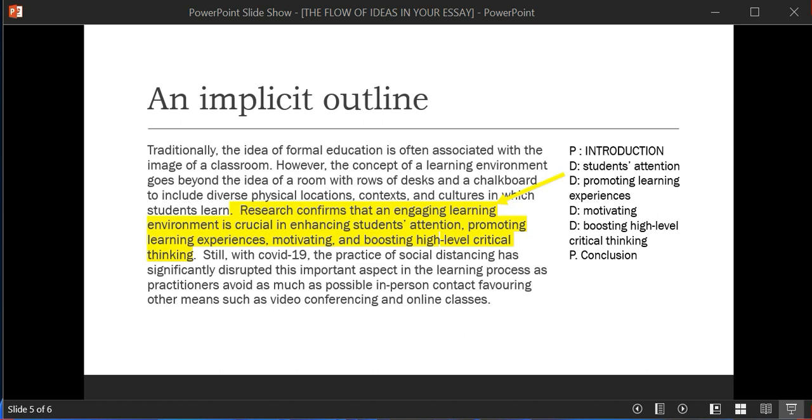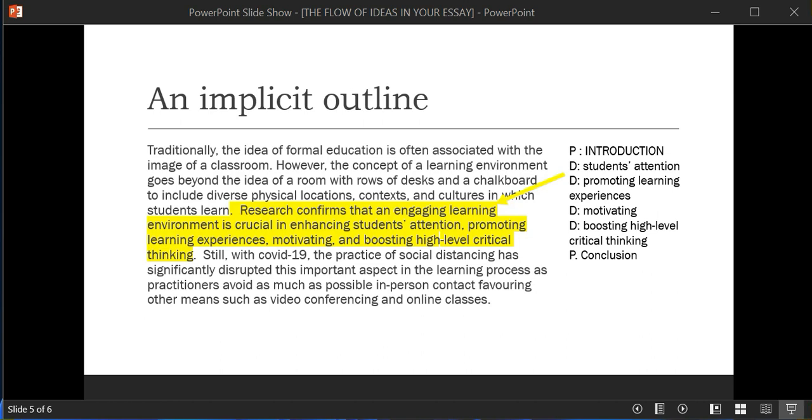I use it also in my development, remember, because sometimes you may say it's not something big, but trust me, it is. For example, if I started my development with another idea, say critical thinking, but in my sentence I started with attention.